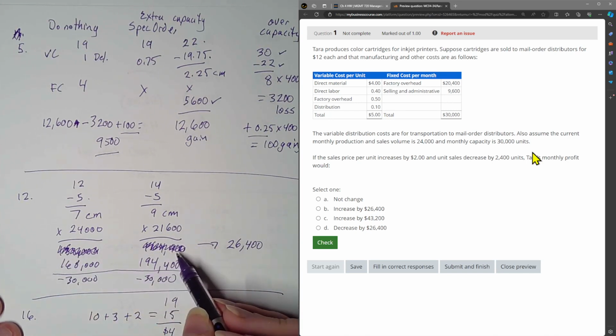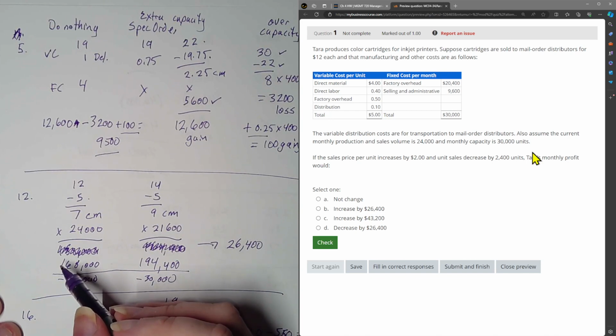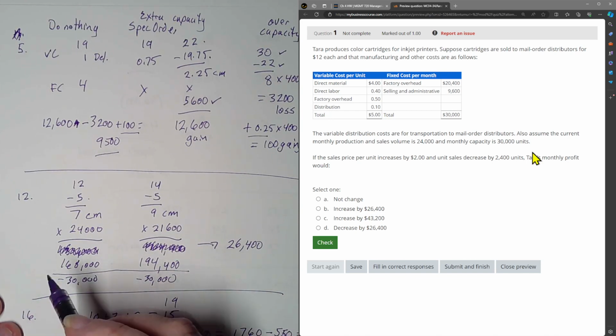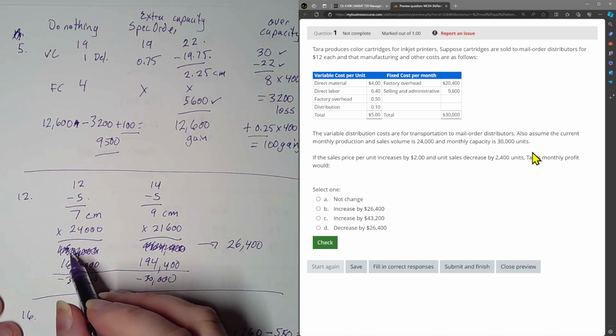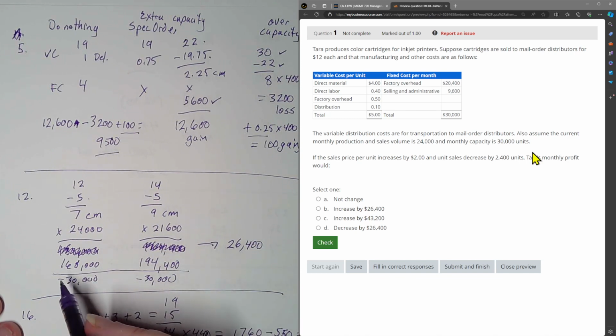Now, what I was originally starting to write there was minus 30,000, to show you the number after I had taken out the fixed cost. If you took out the fixed cost, both would go down and it wouldn't change the result. But I just want to point out that probably the idea here is to ignore irrelevant cost, and because 30,000 is the same cost between the two, we could ignore it.